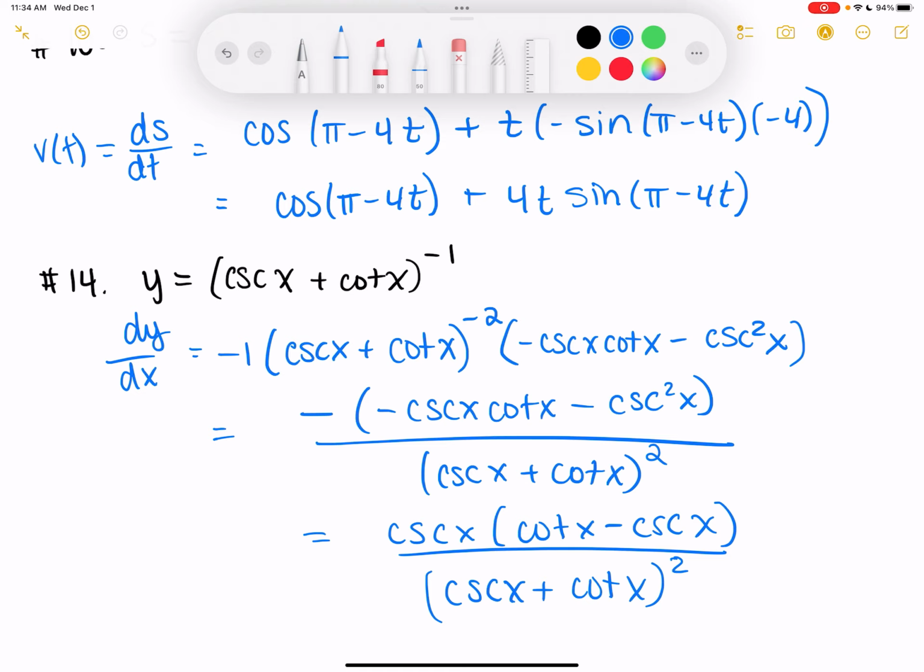You can't have negative exponents. You have to move them to make them positive. So then this would be your dy dx simplified down.